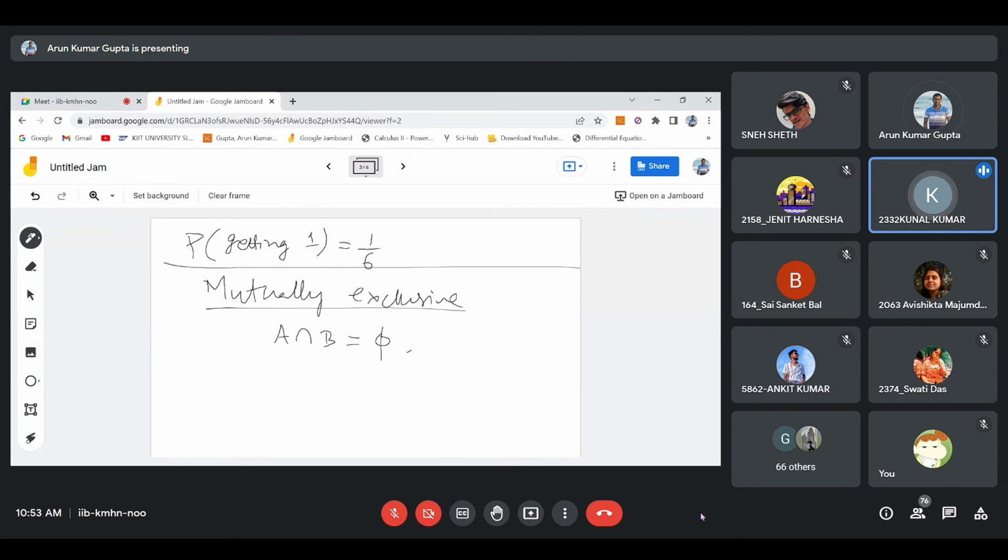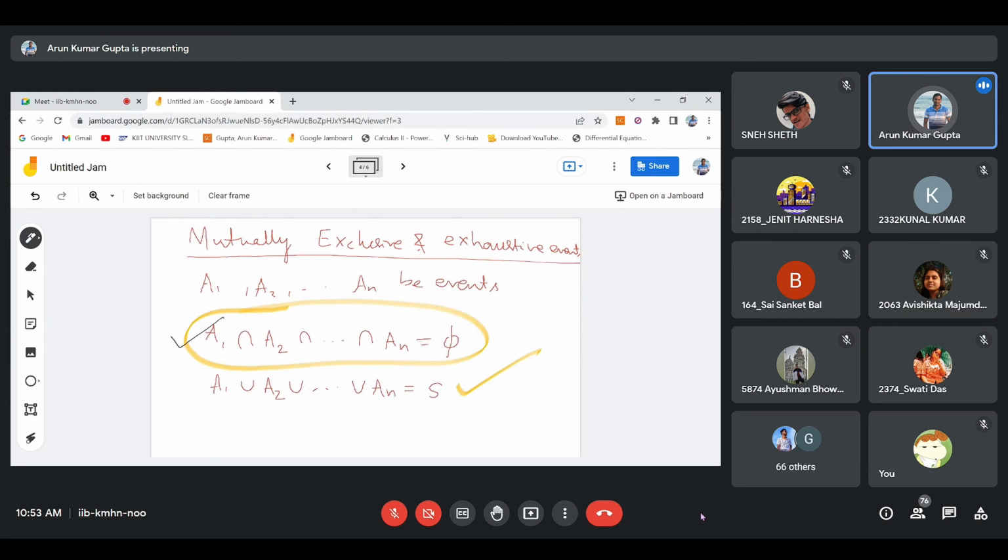That means the events don't have anything in common, pairwise disjoint. So exhaustive, you know that A union B union C is S.